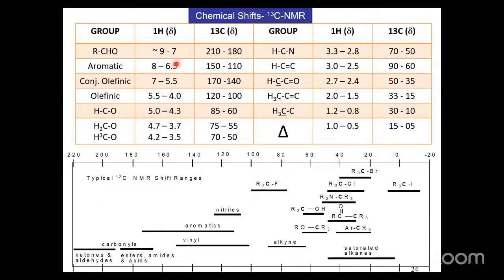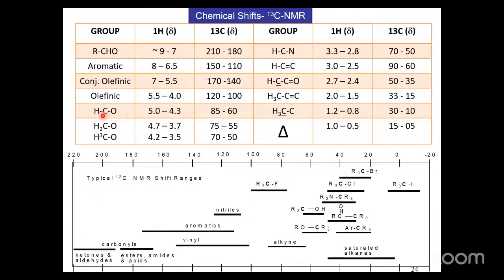Aromatic protons come at 8 to 6.5 delta, while aromatic carbons resonate between 110 and 150. Olefinic protons come between 4 and 5.5 delta, while the carbons are at 100 to 120.